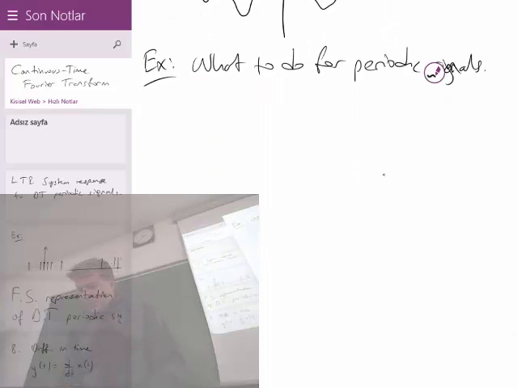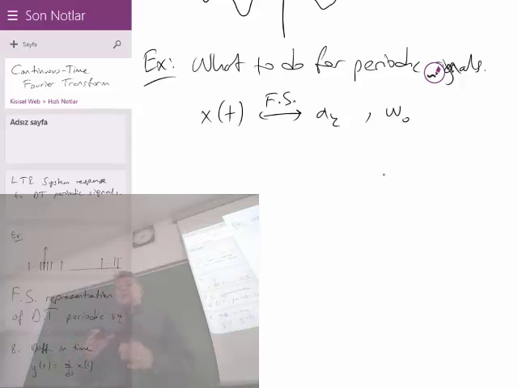In other words, if you have x of t whose Fourier series coefficients are a_k with a fundamental frequency of omega 0, of course, you have to define the fundamental frequency and the Fourier series coefficients, then how can we construct the Fourier transform from that? We just have to insert impulses at the positions of the Fourier series coefficients.